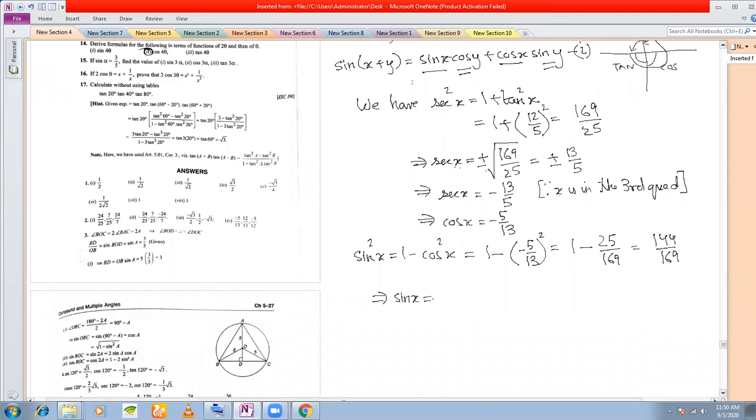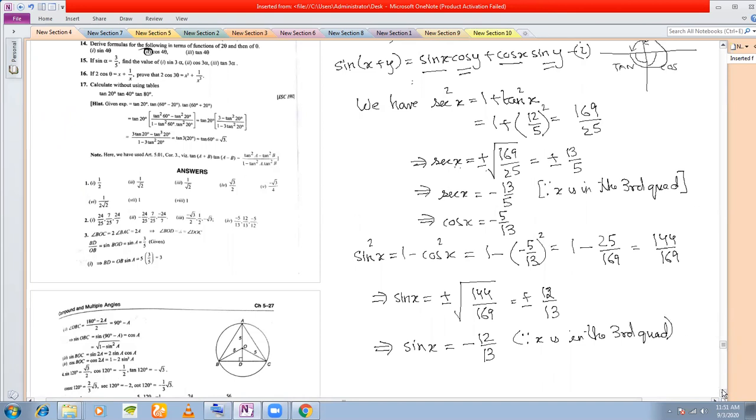Sin x is plus or minus square root of 144 by 169, which is plus or minus 12 by 13. But x is again in the third quadrant. So which sign will we take? We'll take the minus sign, because sine is negative in the third quadrant since x is in the third quadrant.